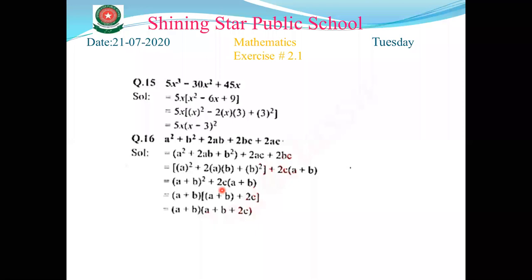When we take the common a plus b, power 1 is left from (a plus b) whole square. So we write (a plus b) plus 2c, multiplied by (a plus b), which is your required answer of question number 16.